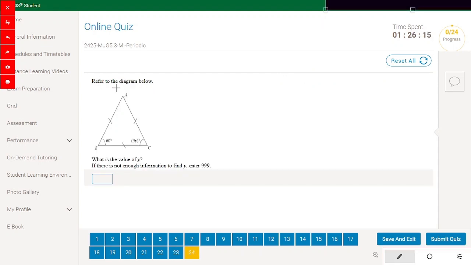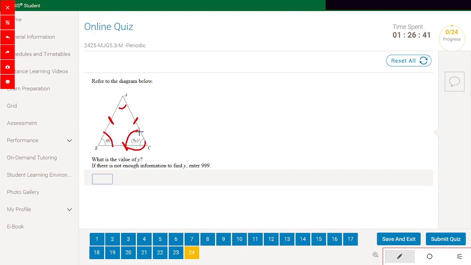Refer to the diagram below. What is the value of y? I have triangle ABC. So I have AB equal to AC equal to BC. So this is an equilateral triangle. So that means all angles are equal.